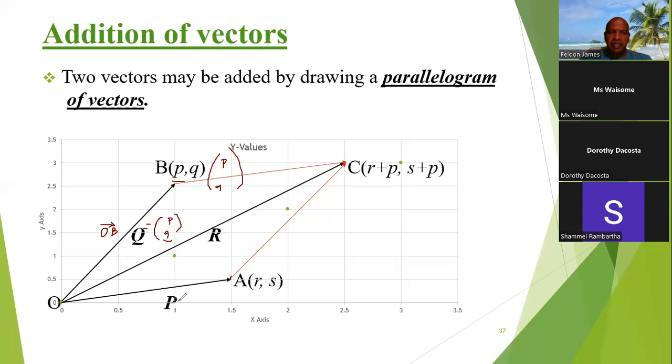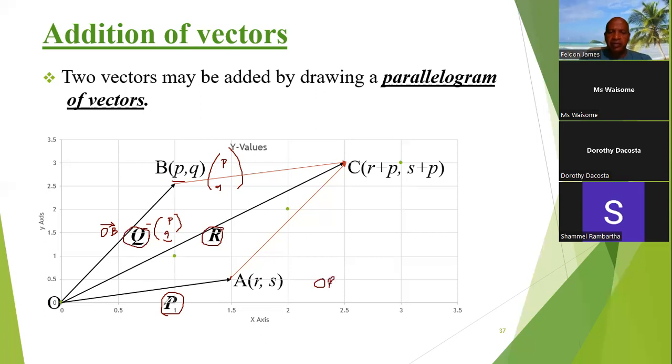This vector OA is represented by P. This vector OB is represented by Q. This vector OC is represented by R, which is the resultant vector. So the vector OA from O to A is labeled P. So whether you call it P or you call it OA, you're referring to the same line segment.